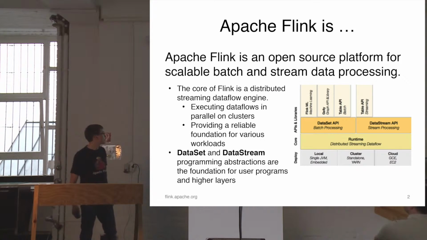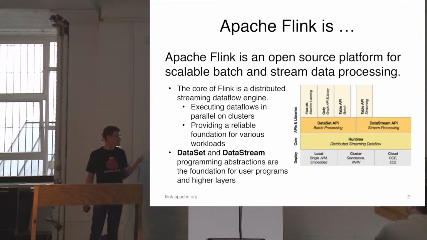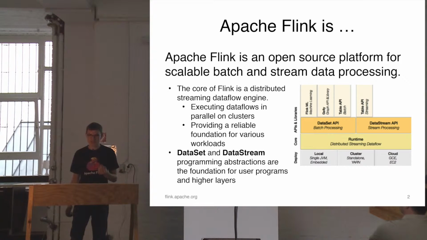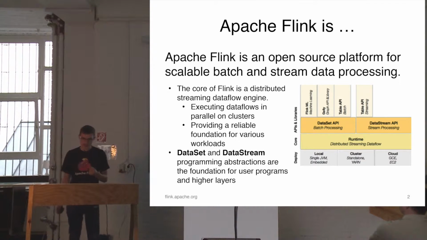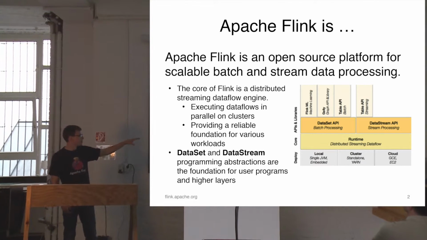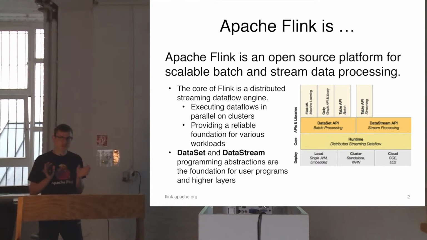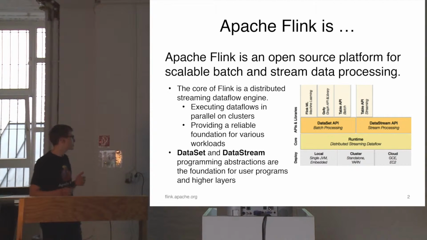And for those that are only here for the free beers, Apache Flink is an open source platform for distributed batch and stream data processing. In the package included is basically the core runtime, which is a streaming engine, and on top of it we expose different APIs for batch and stream processing.